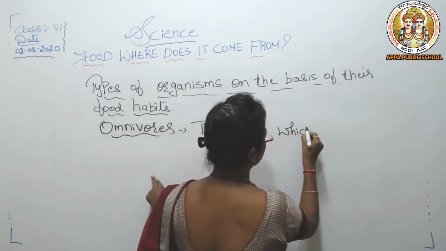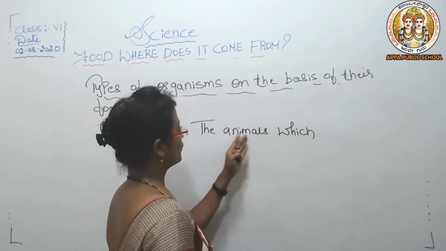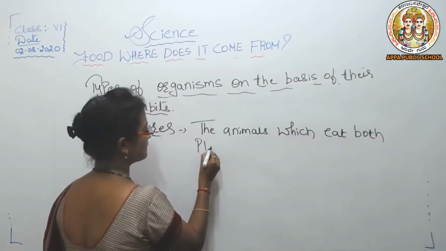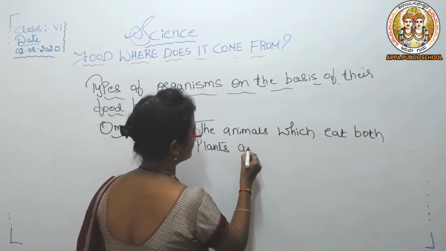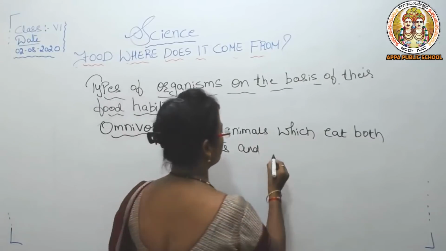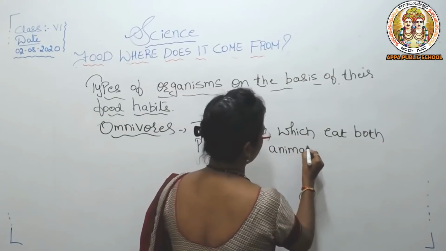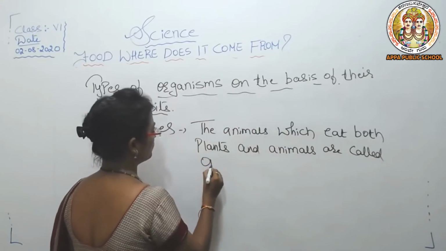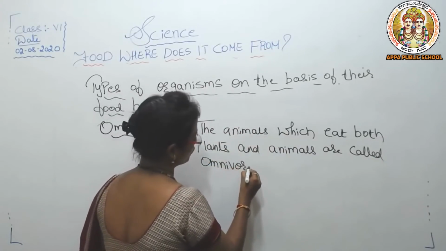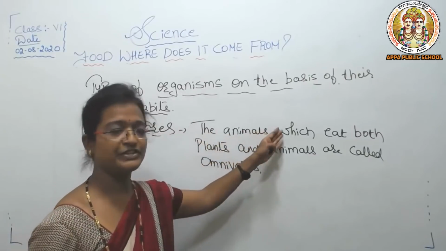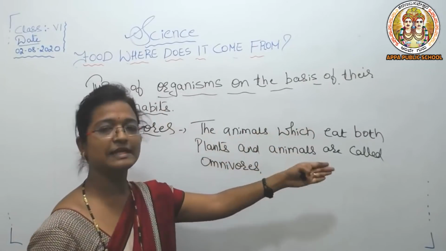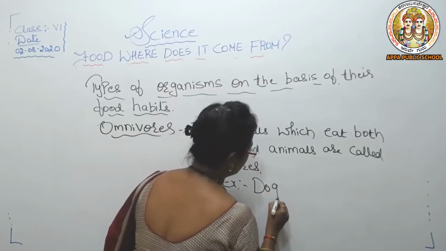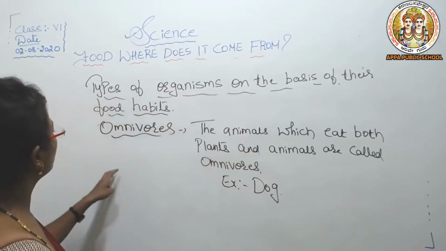Here, the animals which eat both plants as well as animals are called omnivorous. So what do you mean by omnivorous? The animals which eat both plants and animals are omnivorous, and the example for this is dog. Okay, this is about omnivorous.